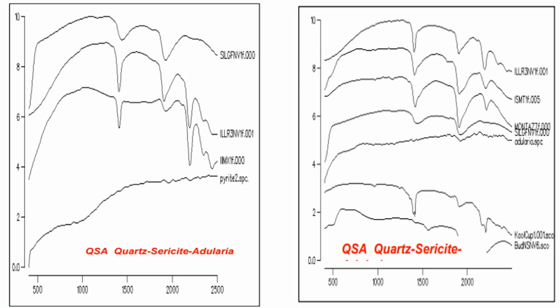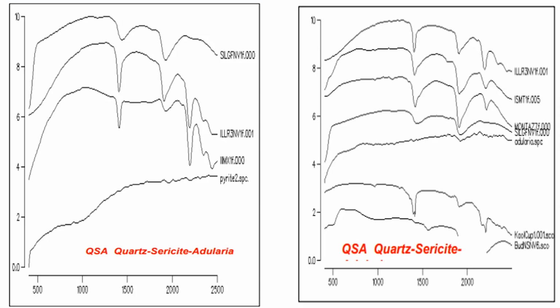So on the left plot, we show quartz, illite, muscovite, and pyrite for your reference. On the right here, we show broader mineralogical associations, including illite, mixed-layer illite-smectite, montmorillonite, quartz, adularia, calcite, dolomite, kaolinite, and pyrite.